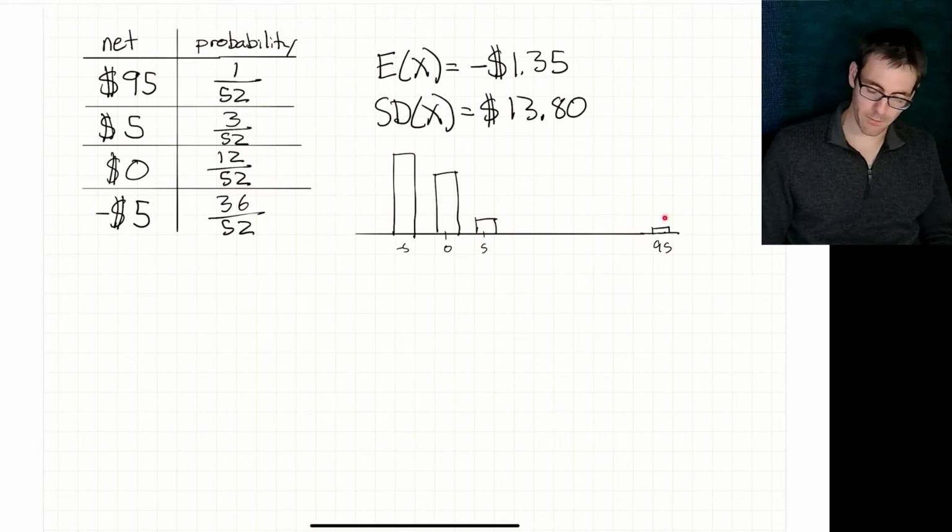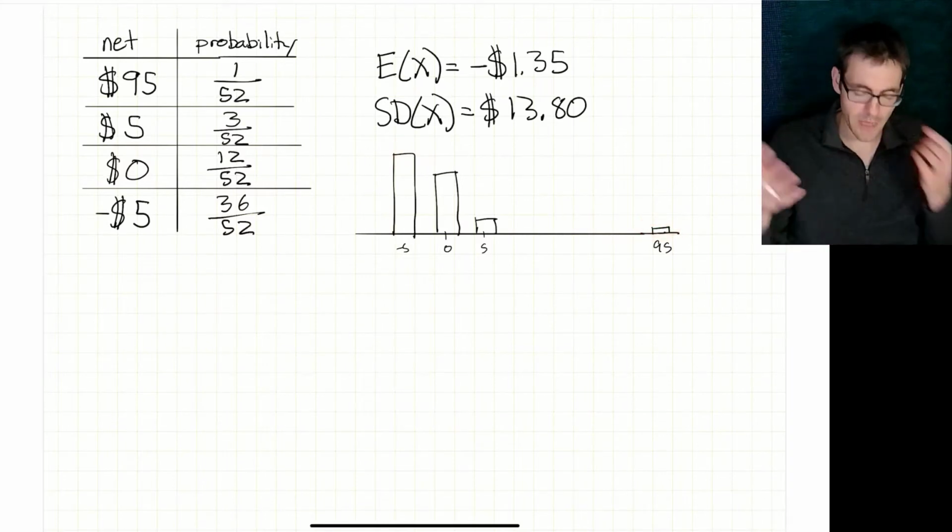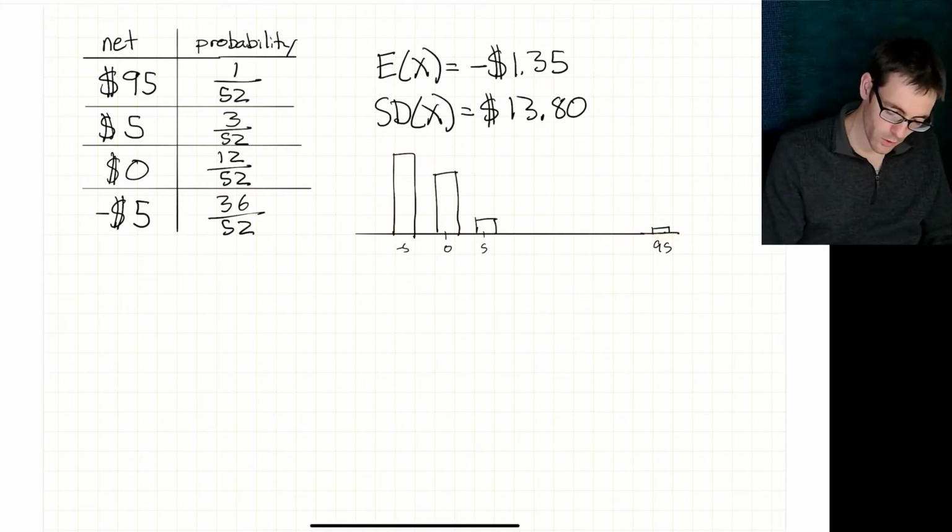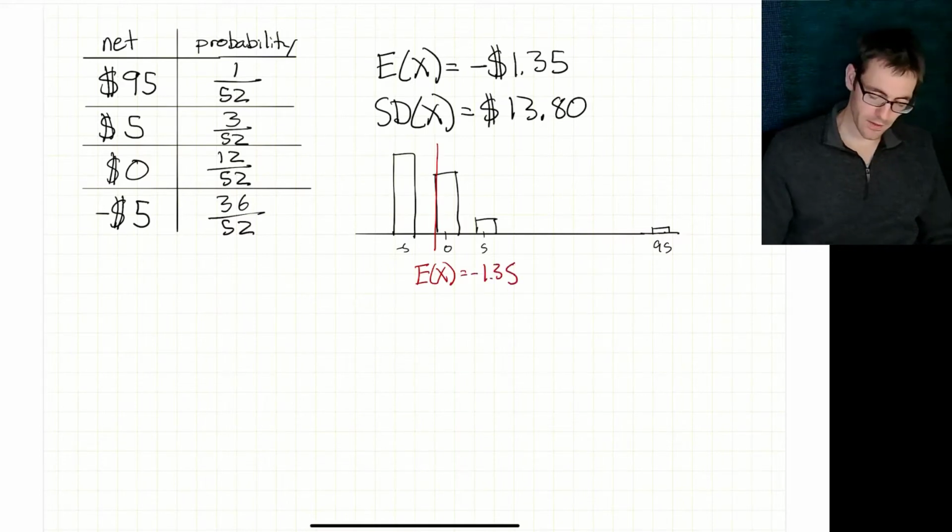This is probably actually even more extremely off that way, and these should probably be a little bit taller relative to this one, but you get the picture. So we could also label where the expected value is. On average, we're losing $1.35, and so we could mark that on our histogram as well.